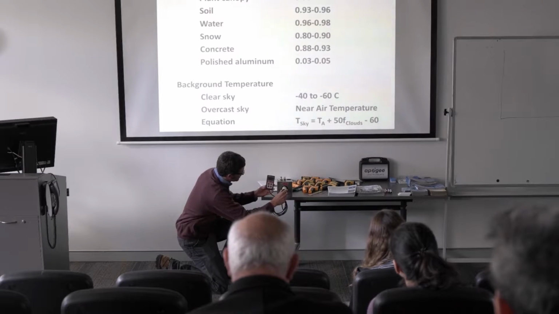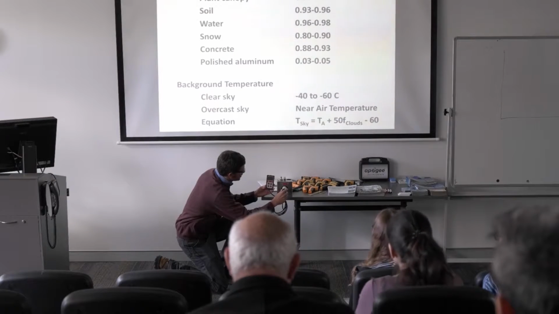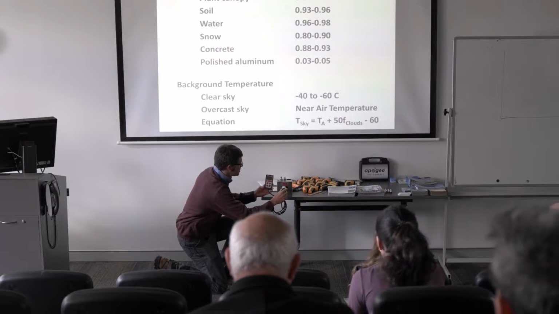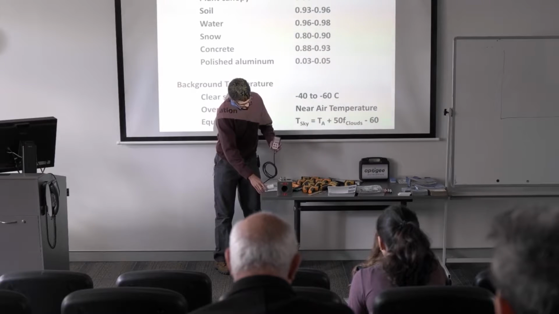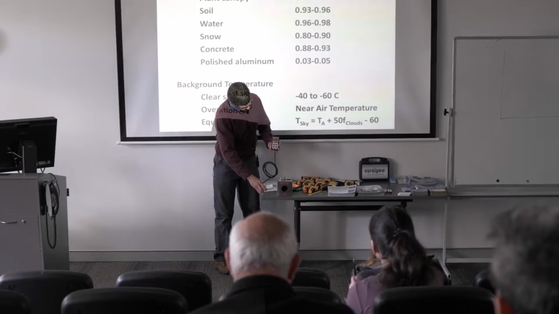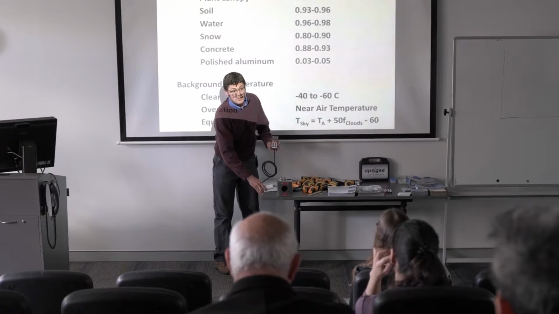If we point it at the black body surface, and the unit actually does some averaging, and so it's up to temperature now. It looks like it's about 38.6 Celsius. Now if I point it at the panel on the side, we're getting about 26 Celsius.